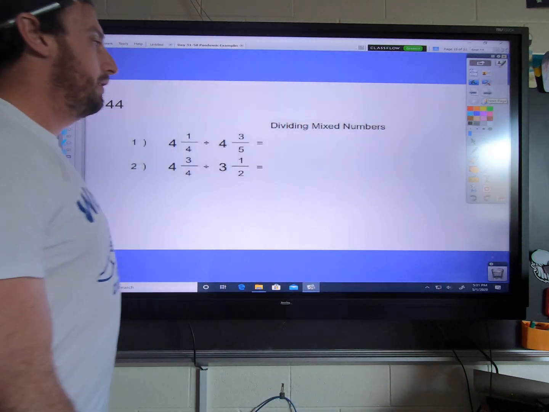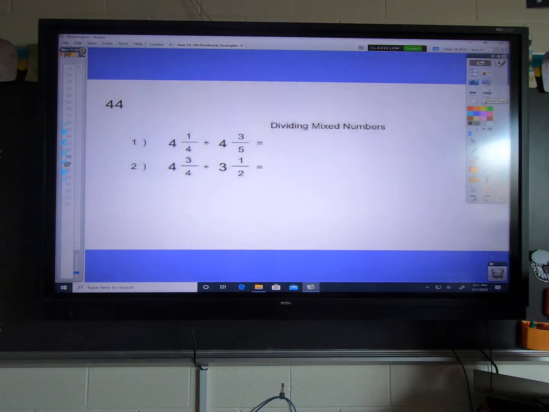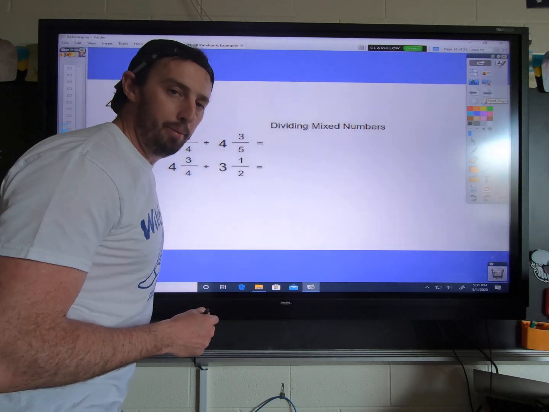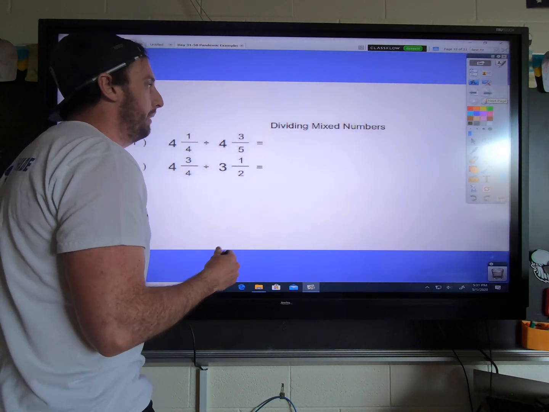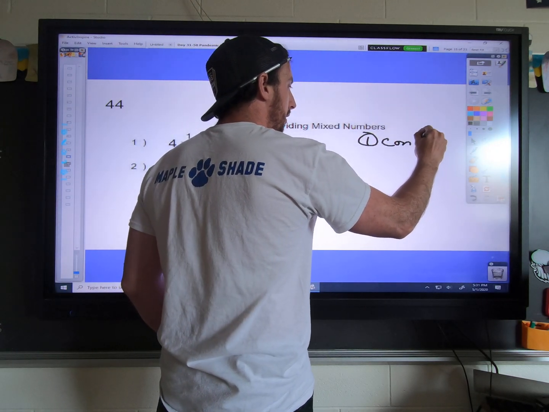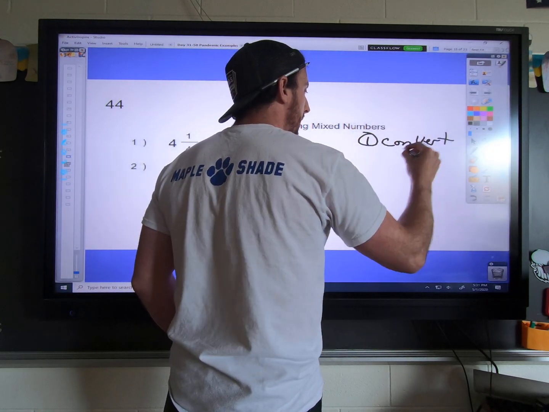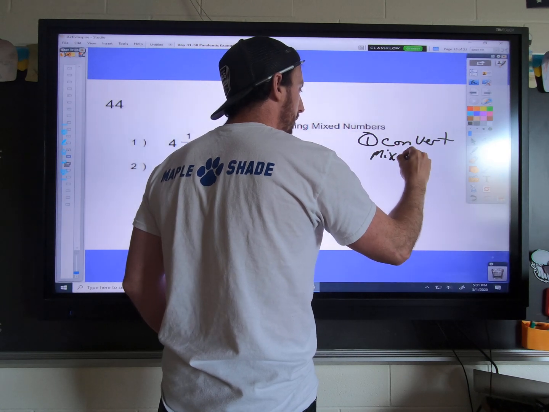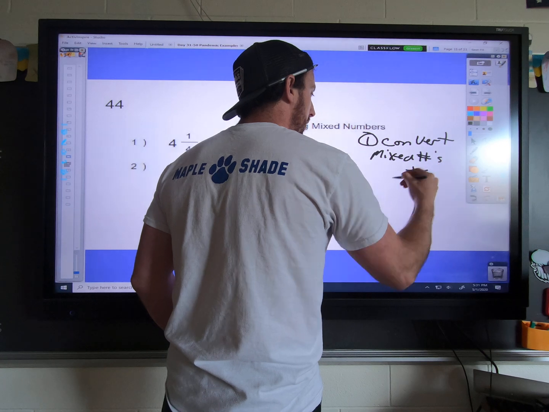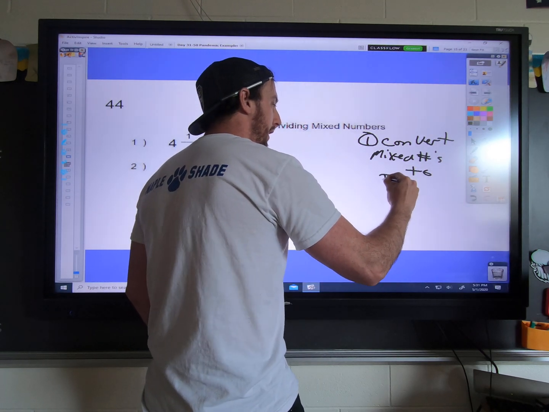Day 44, dividing mixed numbers. Holy moly. All right. We have to add another step from yesterday, so we're just building a little bit. Step 1, convert, which we've done, mixed numbers to improper fractions.